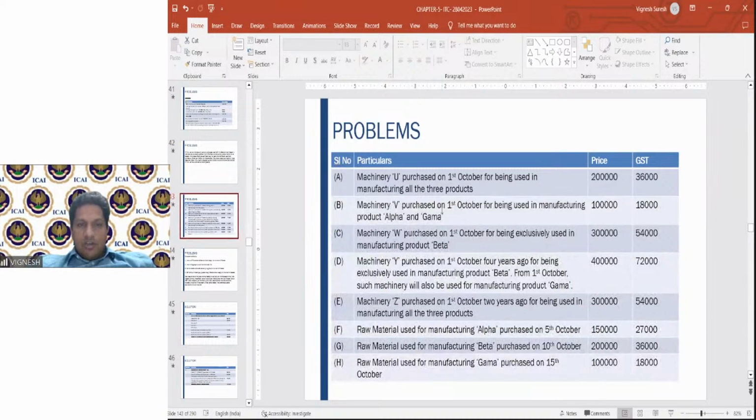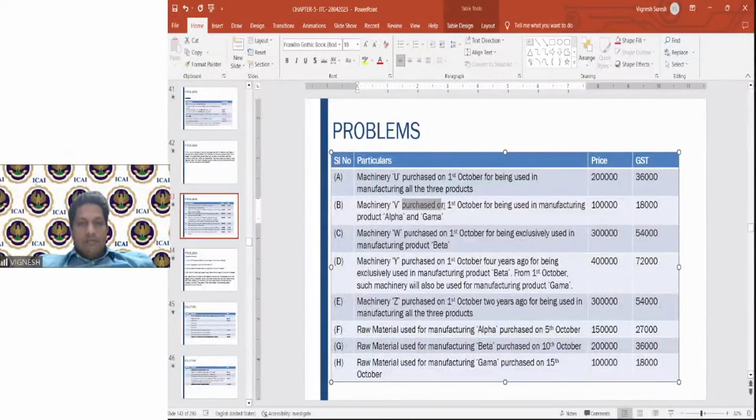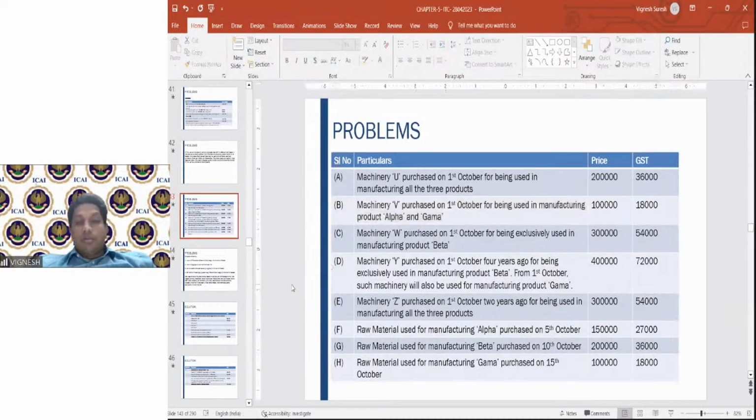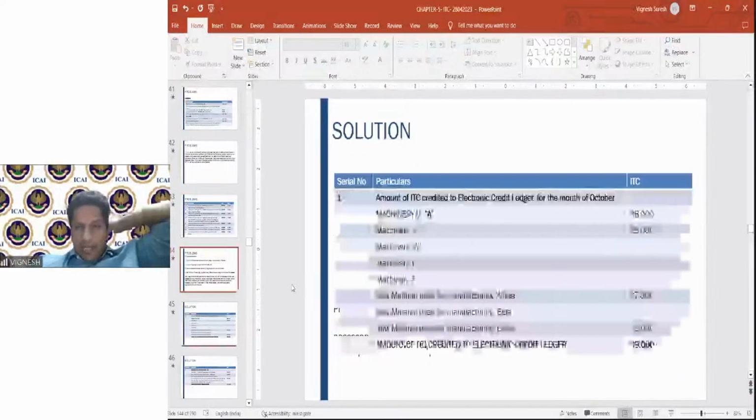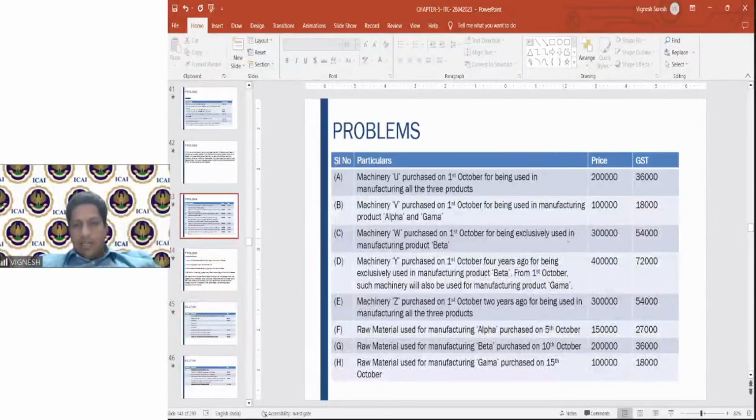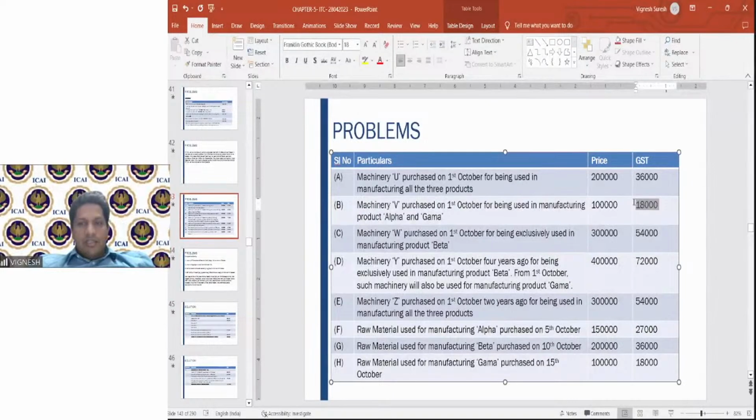So on 1st October, you are purchasing machinery capital goods which are being used for both alpha and gamma, and post 1st October, both alpha and gamma are chargeable to tax. So therefore, 1 lakh into 18,000, this also will be credited in the electronic credit ledger.